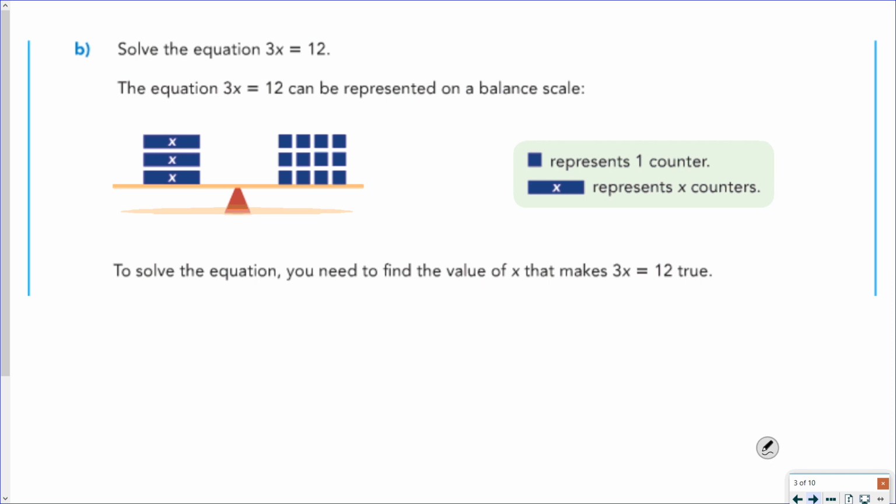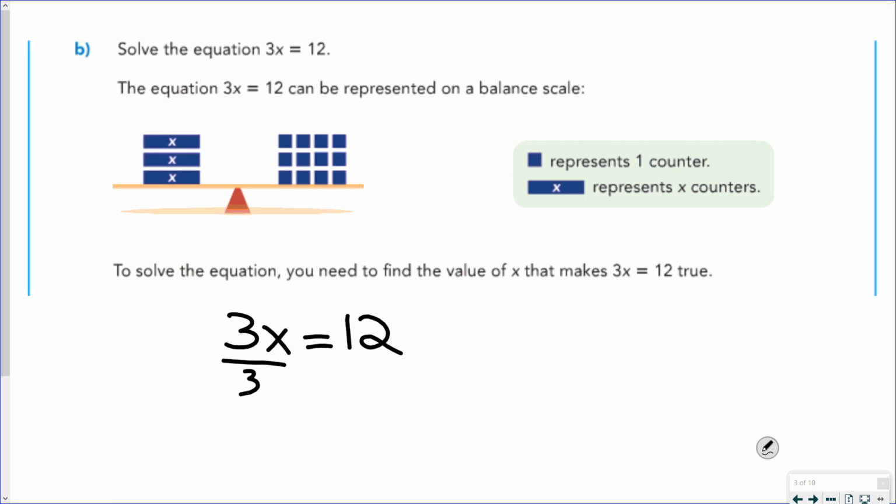Another example, again, we have that balance scale there right in the center. I'm just going to rewrite our equation. So we have 3x equals 12. In order to balance, again, we must isolate the variable. In order to isolate the variable, we must do the opposite of what's taking place. Since 3x means 3 times x, we're going to do the opposite of that, which is to divide by 3.